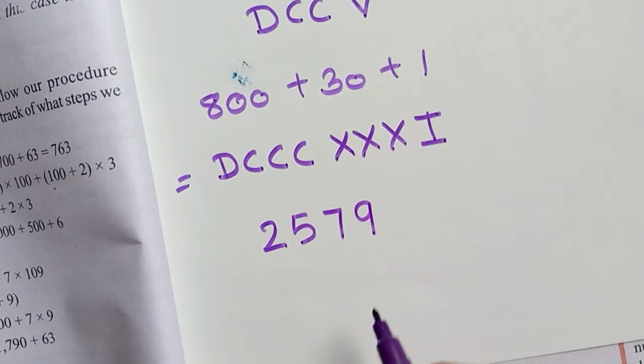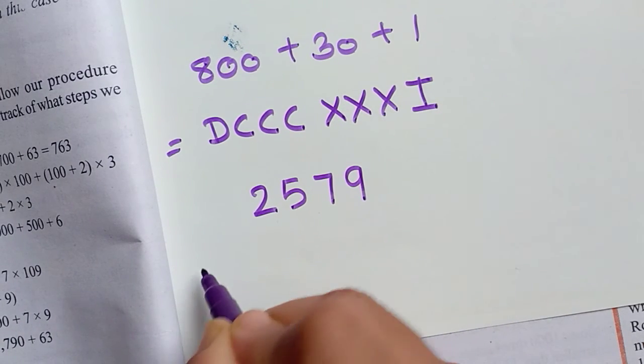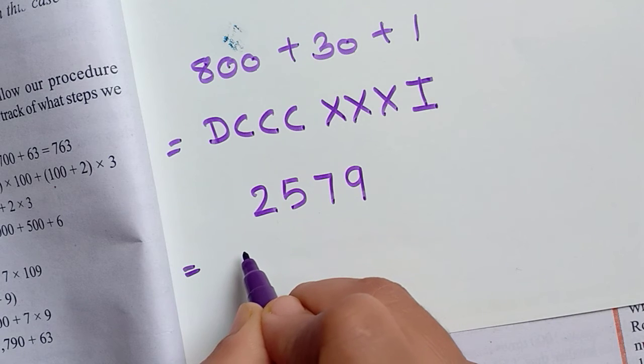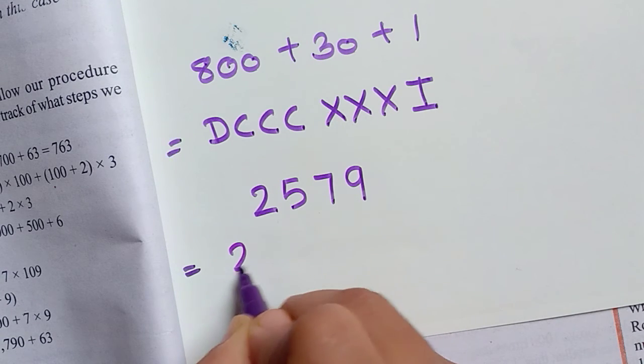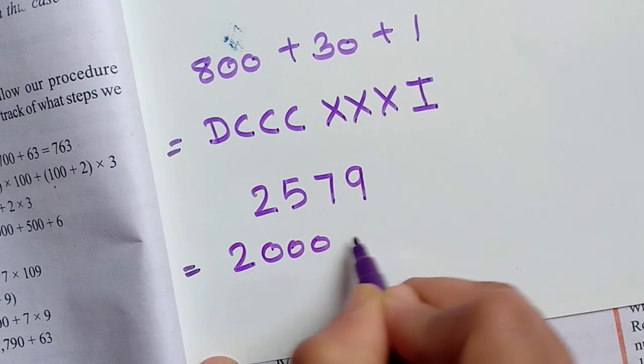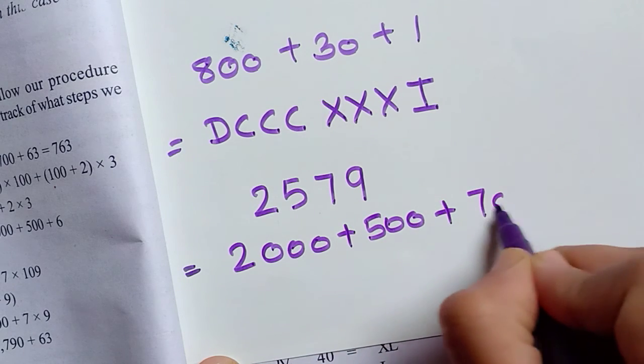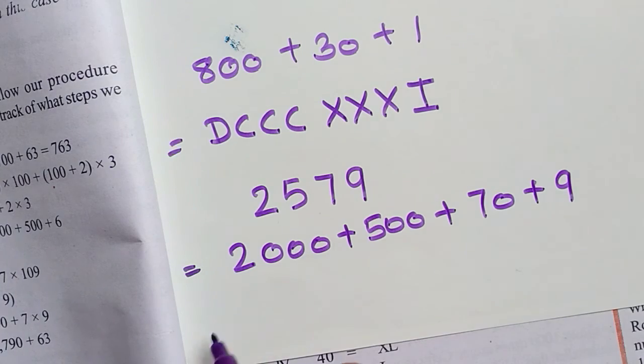Now let's take some bigger number, that is 2,579. Let's expand this number. As I told you, don't worry. Whatever big number it is, just expand it. So it is 2,579.